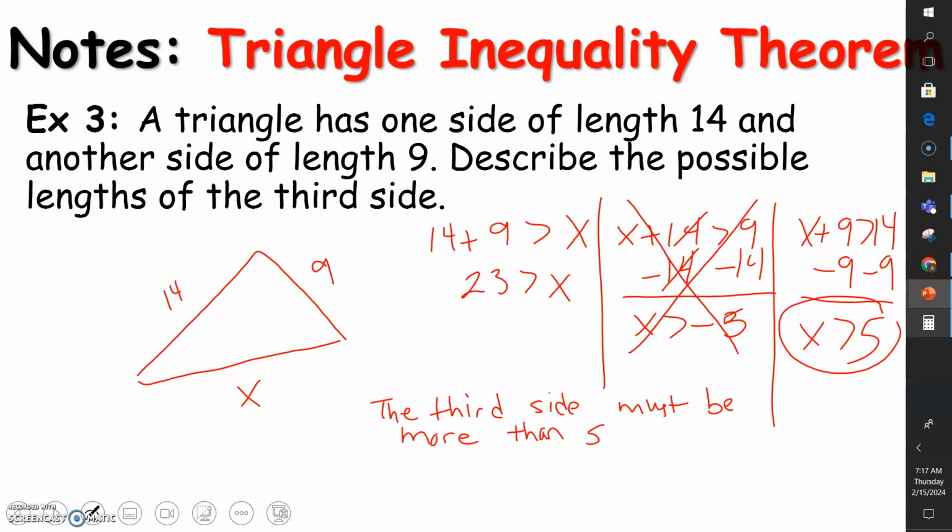Sides can't be negative. And smaller or less than 23 in order to satisfy the triangle inequality theorem. All right, so basically what we did here, we added any two pair of sides and guaranteed that it was greater than the third side.